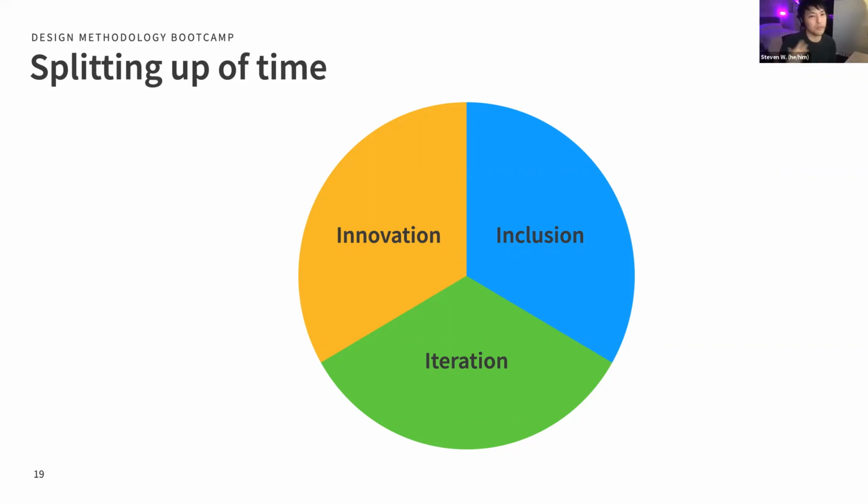Splitting up time is just the way we think about our day, right? Eight hours a day, we can split it as innovation versus iteration, diverging versus converging. How do we set up our day so that it aligns with the way that we're working? And then what we talked about in our last talk was inclusion, if people remember. How does that look? Sometimes that often gets forgotten about as we talk about inclusive, accessible design.